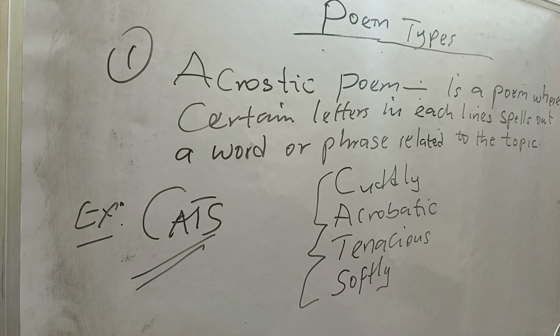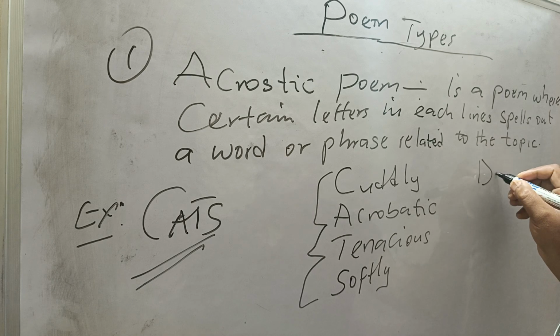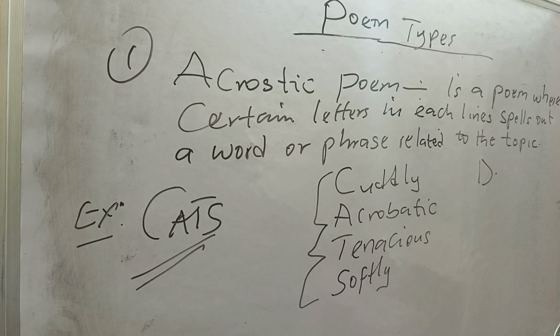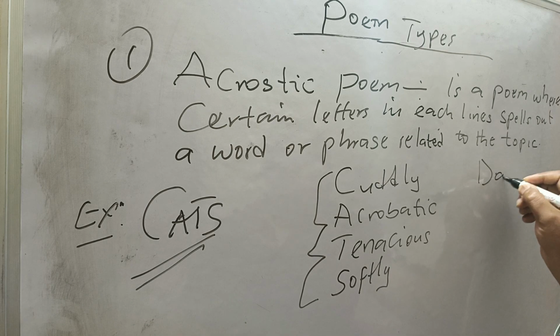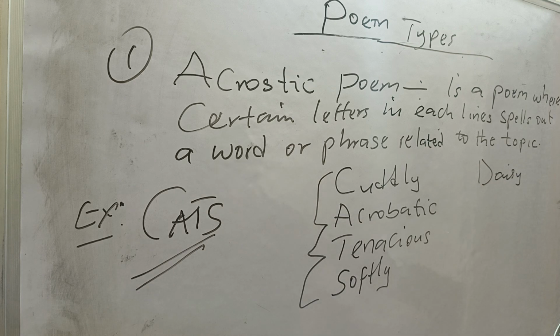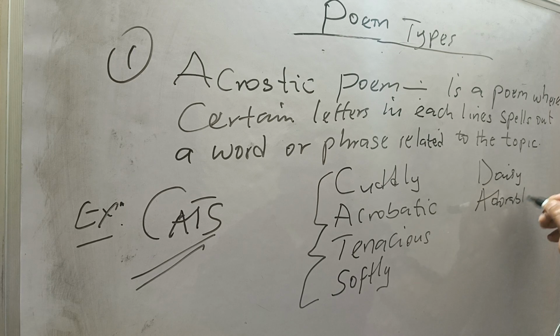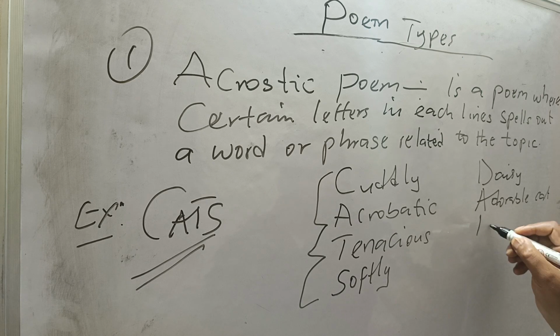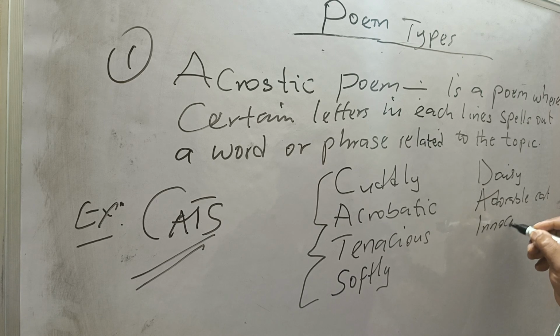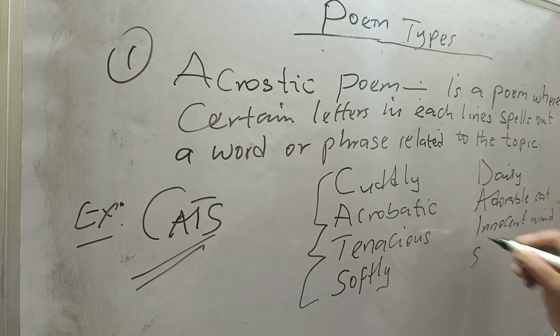We can also use another example. For example, if it's Daisy, we can say: adorable cat, innocent wind, smiling.